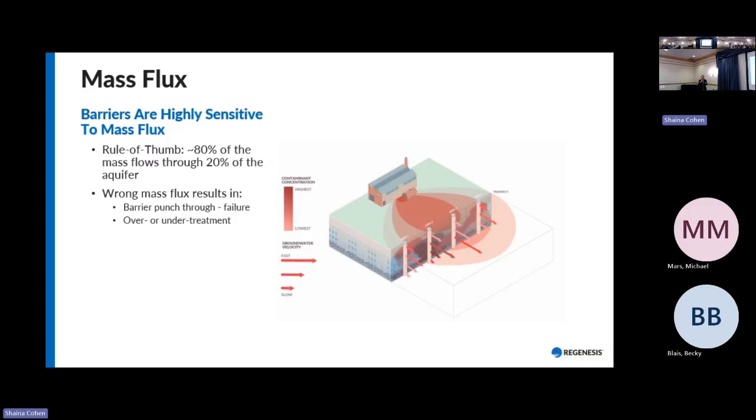Not just understanding geospatially where your contaminants are, but the rate at which they're going through a specific area is hugely critical. As a general rule of thumb, about 80% of your contaminant mass flux is often going through a 20% zone of the aquifer. So understanding that can really help you dial in your remedial scope, potentially dial back the cost, but also enable you to hopefully achieve success.